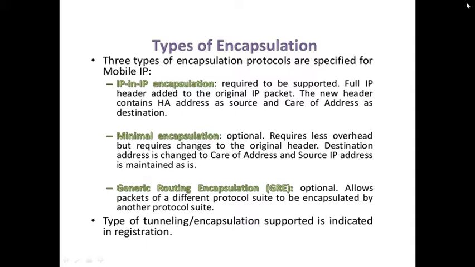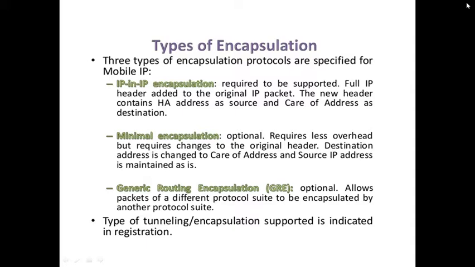It is also optional. It allows packets of a different protocol suite to be encapsulated by another protocol suite. So from one protocol suite to another protocol suite is a little bit difficult. It is a little bit of overhead. So that is the reason normally IP in IP encapsulation is chosen from all the encapsulation processes.